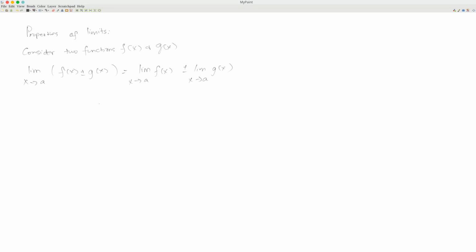So the limit of the sum is the sum of limits. The limit of a product is simply the limit of the first function multiplied by the limit of the second function. So the limit of a product is the product of limits.